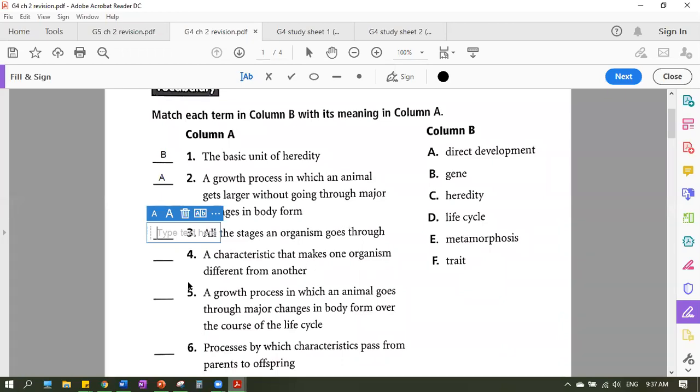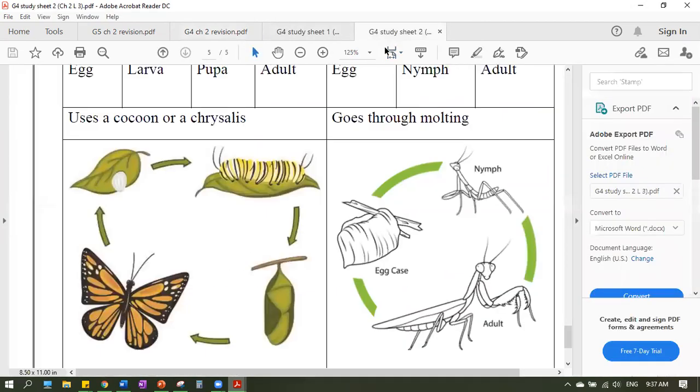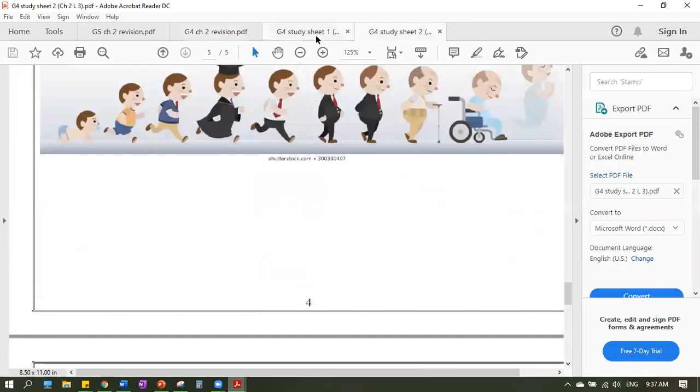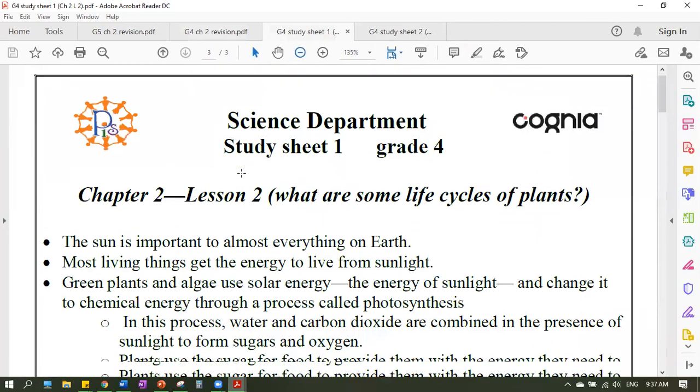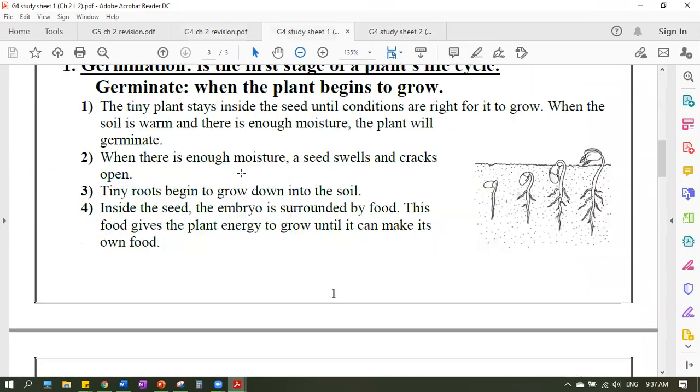All the stages an organism goes through, life cycle. Yes, all the stages an organism goes through, it's going to be life cycle. Thank you so much. Exactly. So a life cycle, again, what do we call them? All the stages in an organism's life it passes through, through which it changes.